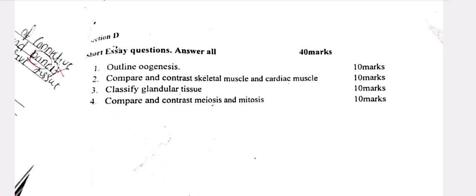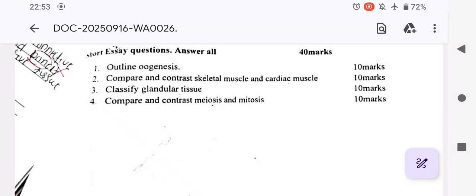Primary oocytes form the secondary oocytes, which are now in meiosis 2. Then at puberty there will be formation of the mature ovum, because in each and every menstrual and ovarian cycle there should be ovulation.